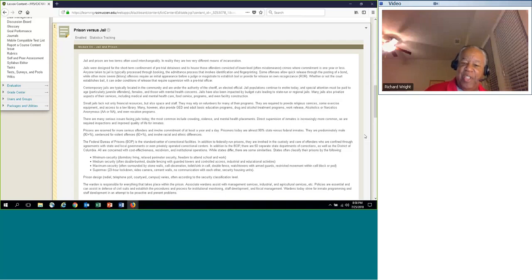And the prisons are determined by maximum, the hardcore criminals. That means that they can be locked down for long periods of time, all the way down to minimum security prisons. So we're going to talk about that in a second.